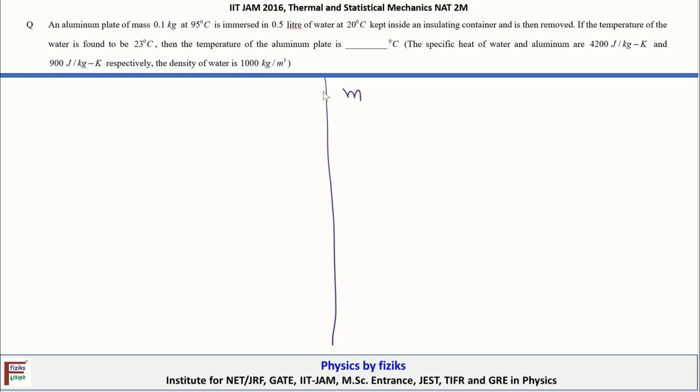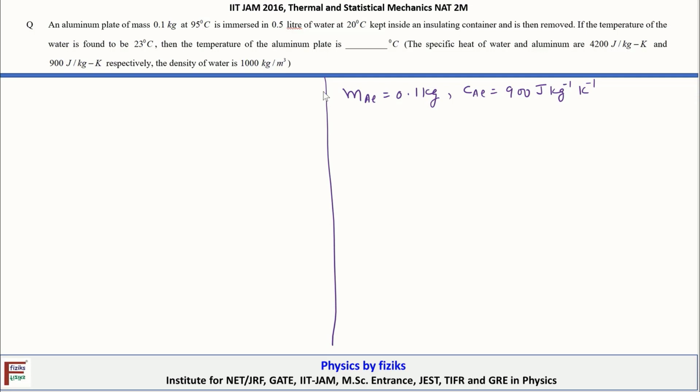So the mass of aluminium is equal to 0.1 kg, and the specific heat, not the heat capacity, C aluminium, is given to be 900 joule per kg per Kelvin.